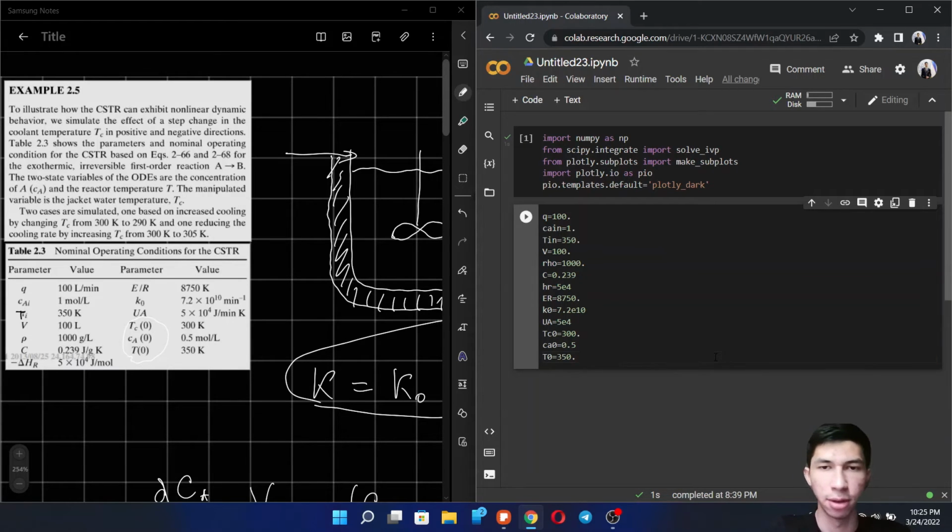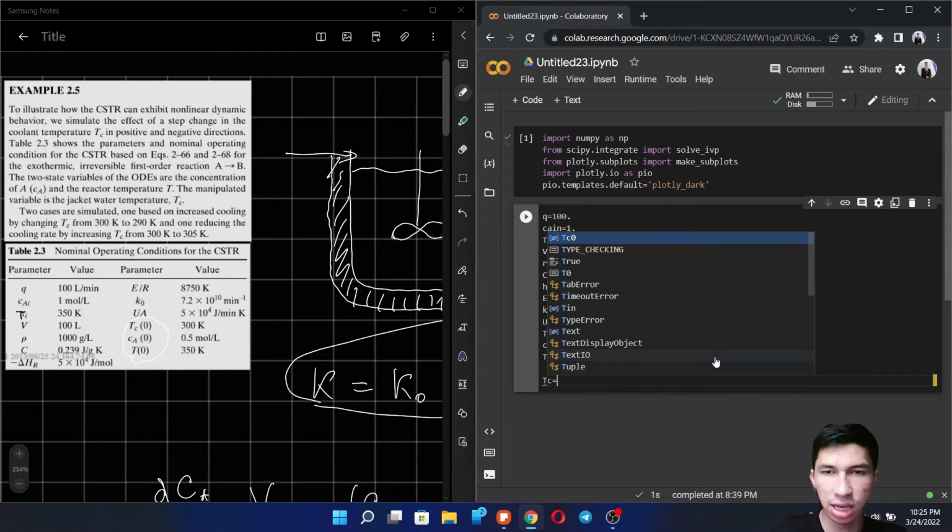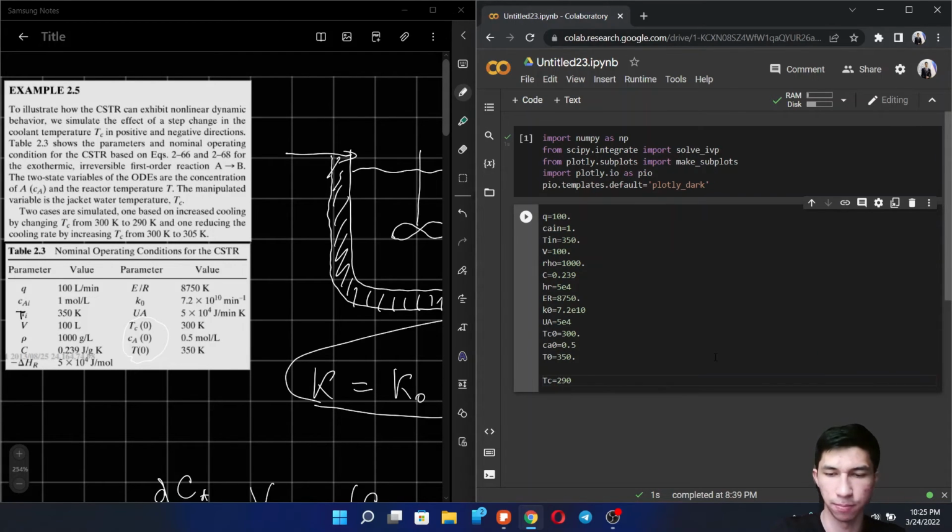What else do we have? So we know that we're working with the first case, so our ending cooling temperature is going to be 290. So we're going to make that Tc equal to 290.